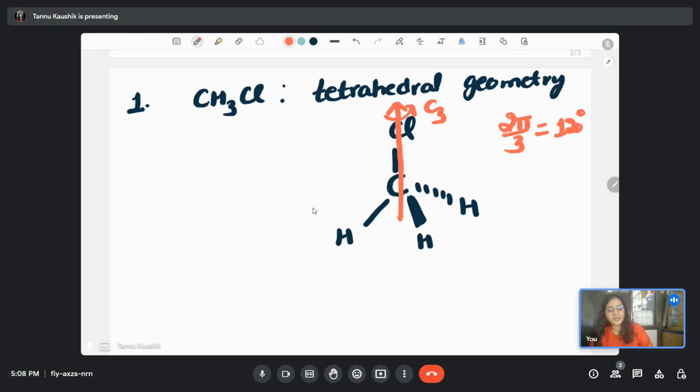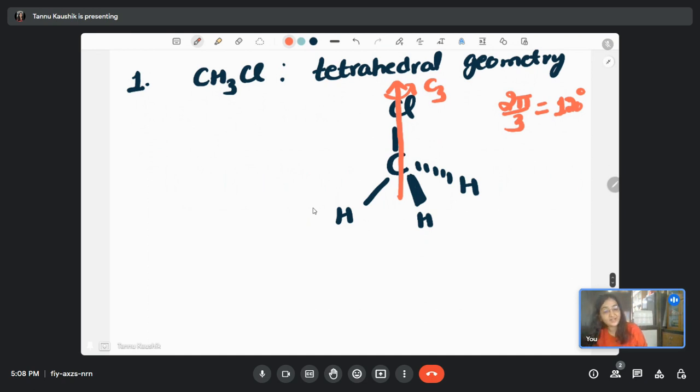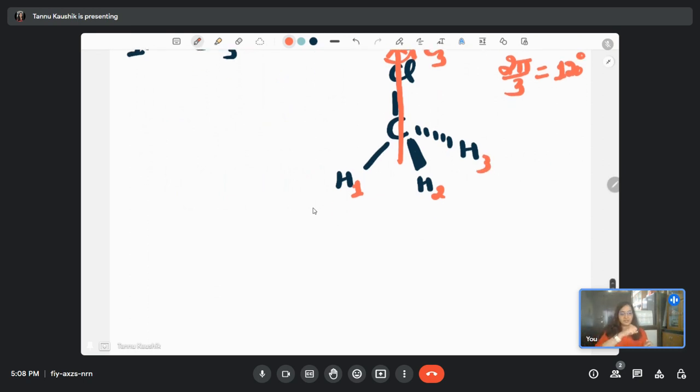When we rotate these molecules by a 120-degree angle, I'm representing it as a triangle, with these three protons H1, H2, H3. Let's say this is the carbon atom, and this Cl will be pointing upward, and one proton will be in the plane. One proton will be in the plane, one proton will be coming out of the plane towards you, and one will be going behind this plane.